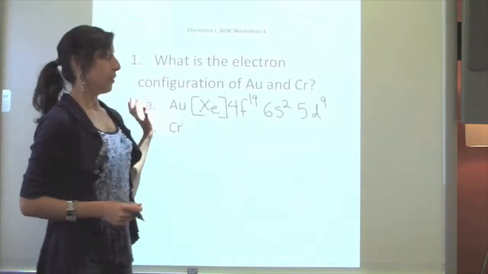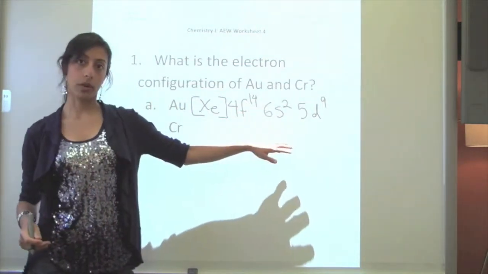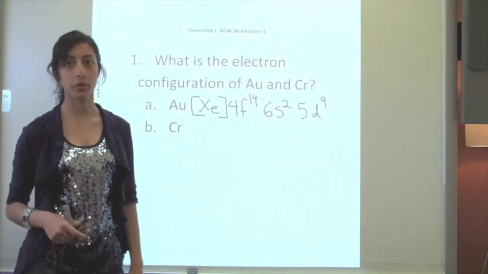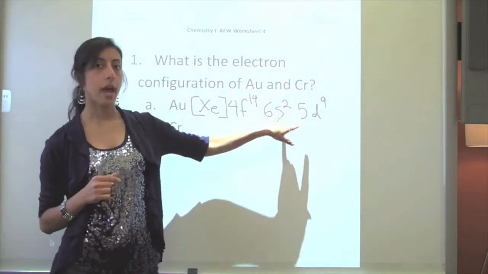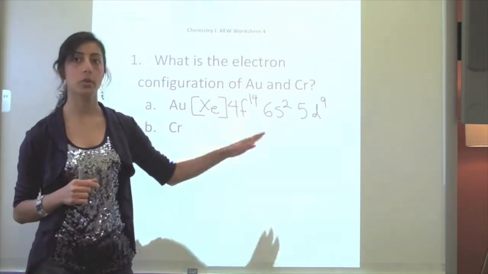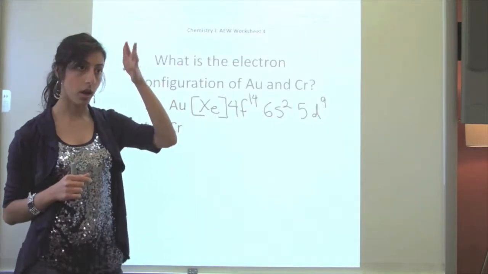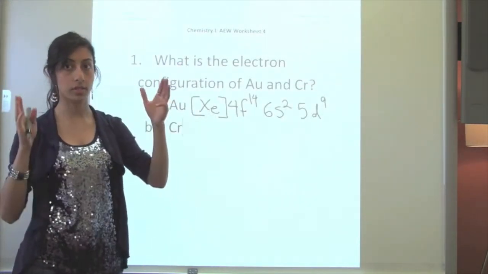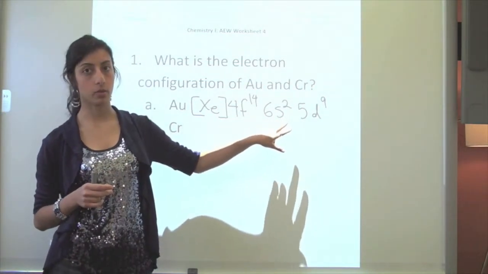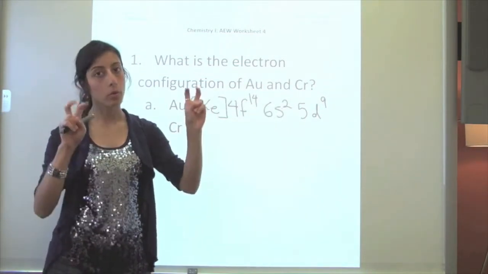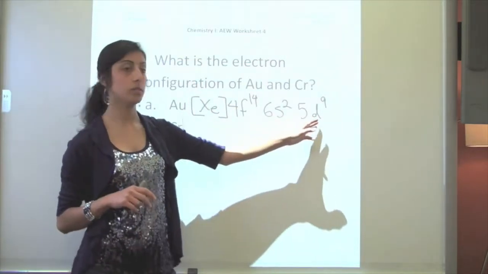Now, this is actually wrong what I wrote, but there's a reason why I wrote it that way. I want you guys to understand this. What actually happens with an element like gold, which is on the 9th group of the transition metals, is that one of the electrons from the s orbital gets promoted to join the d orbital.